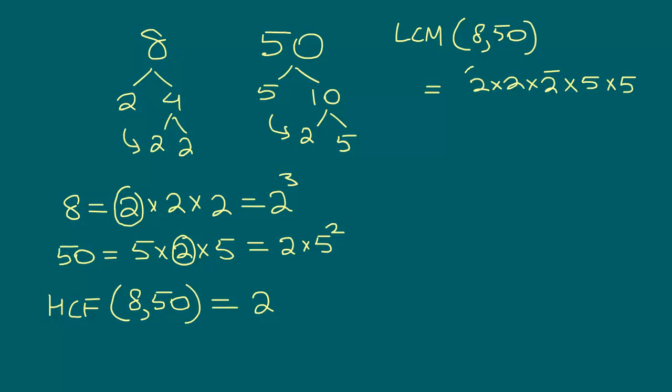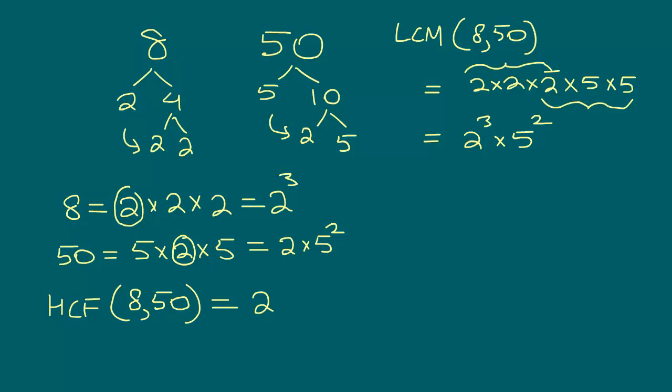This part allows a number to be divisible by 8, and this part allows it to be divisible by 50. So our LCM is 2 to the power 3 times 5 squared. We have HCF as 2 and LCM as this.